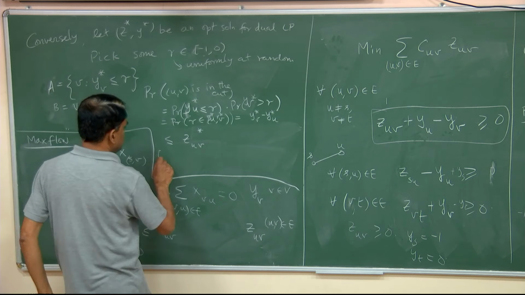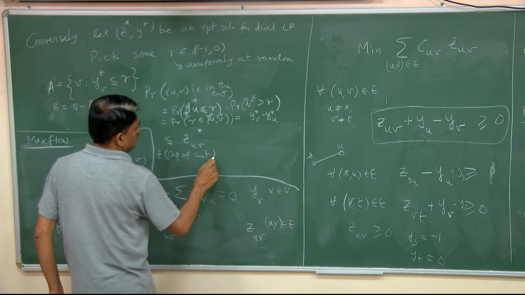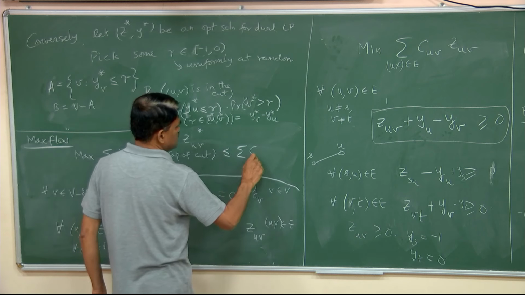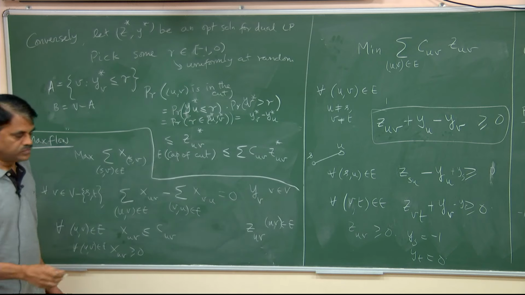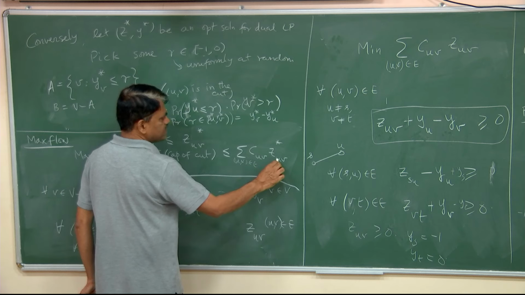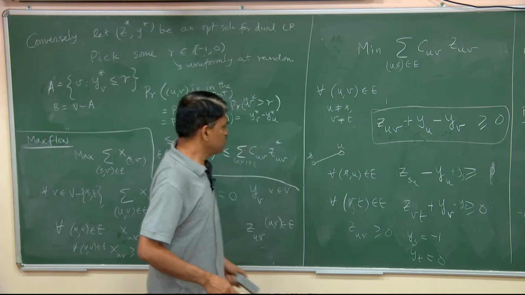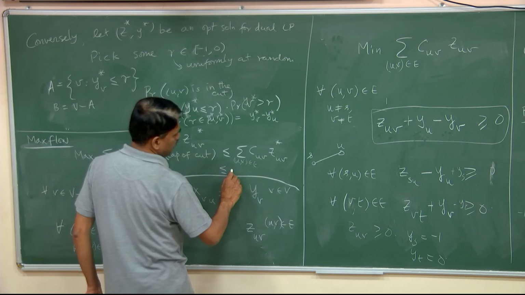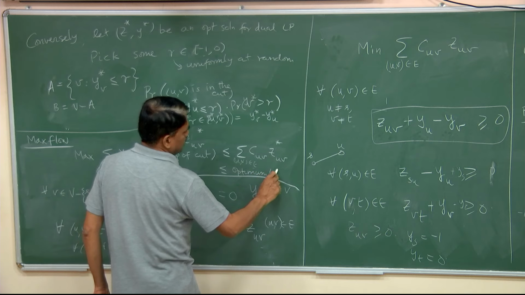So the expected capacity of the cut, do this for every edge, is less than or equal to the summation of cUV times zUV star. Because for every UV, it's linearity of expectation. For every UV, it is in the cut with this probability and you multiply it by this capacity. But this is exactly the objective function of the LP. So the expected capacity of this cut is less than or equal to the optimum LP.